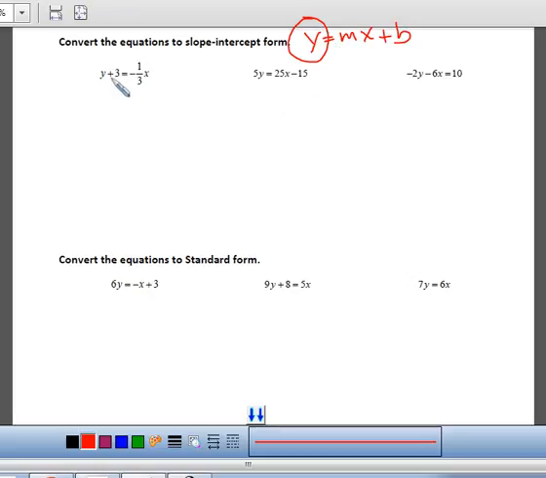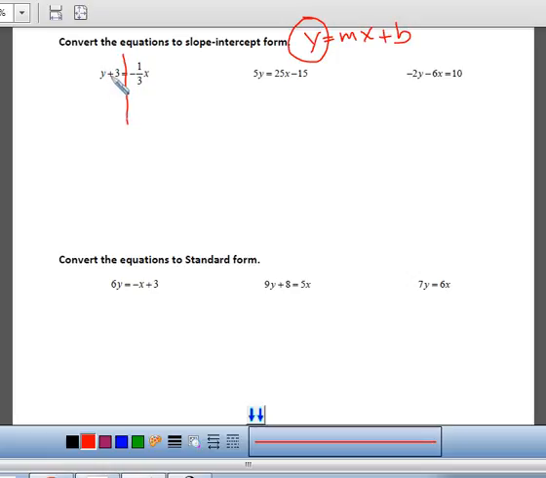So when I look at the first equation, I see y plus 3 equals negative 1/3 x. And what I'm going to do is draw my line through my equal sign, because this is essentially doing inverse operations, the way we solve equations. The only thing is, when we get to the end, we're not going to have a solution, we're just going to have a different form of the equation.